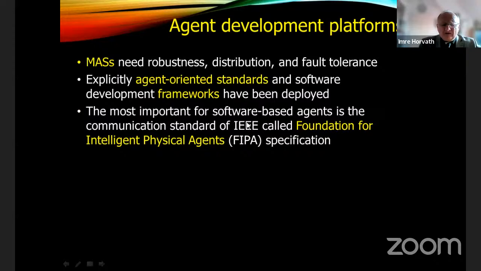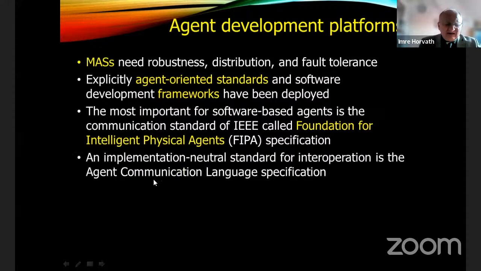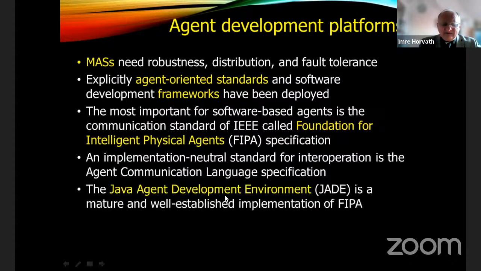The most important for software-based agents is the communication standard of the IEEE called Foundation for Intelligent Physical Agents, and the acronym is FIPA specification. An implementation-neutral standard for interoperation of multi-agents in a system is the agent communication language specification.